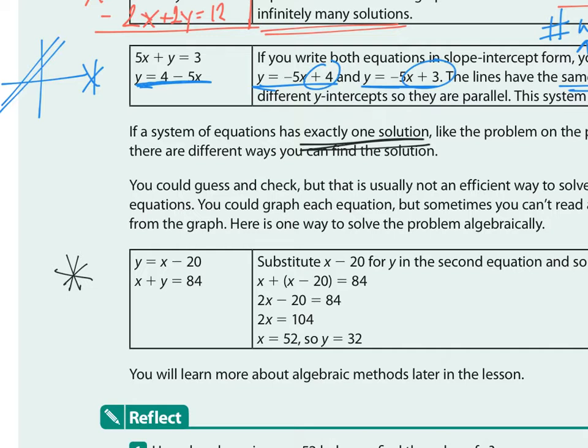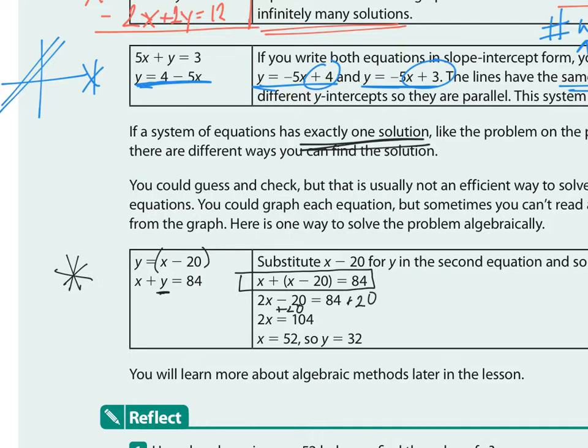So we know that y is this expression, so everywhere I see a y, I replace it with x minus 20. That's how we get this right here: x plus x minus 20 equals 84. They combine their x's to get 2x. Nothing changes with minus 20 and equals 84. Then they add 20 to both sides, the opposite operation.